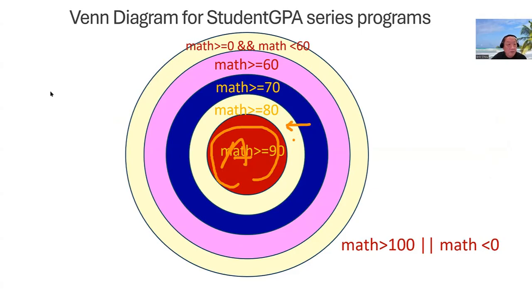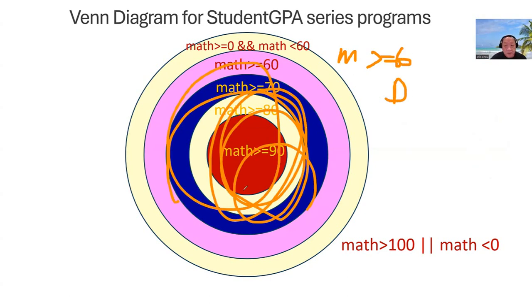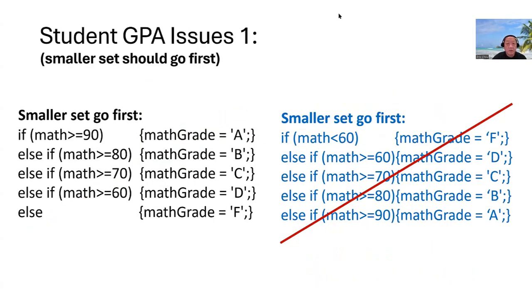But if you say if m is greater or equal to 60, you assign it to be D, then the whole thing here is assigned to D, then you are in big trouble. So this doesn't work. Okay, this doesn't work. You can assign it with else if it's not good. But if you take the else out, then that's probably fine, because you are going to override the D with C, so that will be fine. Is that okay?